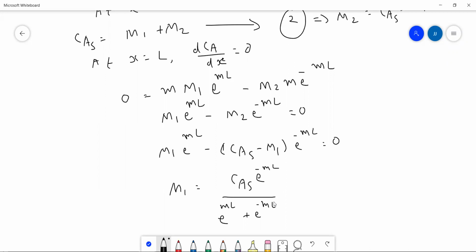So now we know that CAS is equal to m1 plus m2. So substitute the value of m1 into this equation.